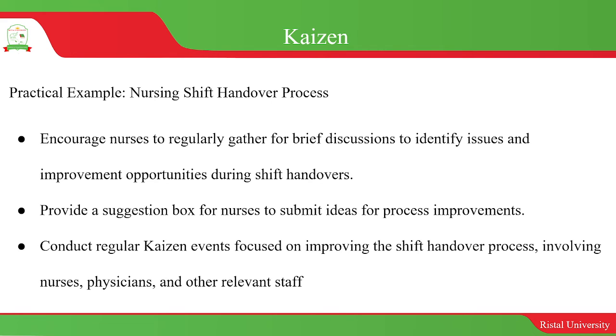We know that this handover process is always important, and it helps to minimize errors. This is already an example of the Kaizen that we are talking about. Provide a suggestion box for nurses to submit ideas for process improvement, and conduct regular events focused on improving the shift handover process, involving nurses, physicians, or other relevant staff.